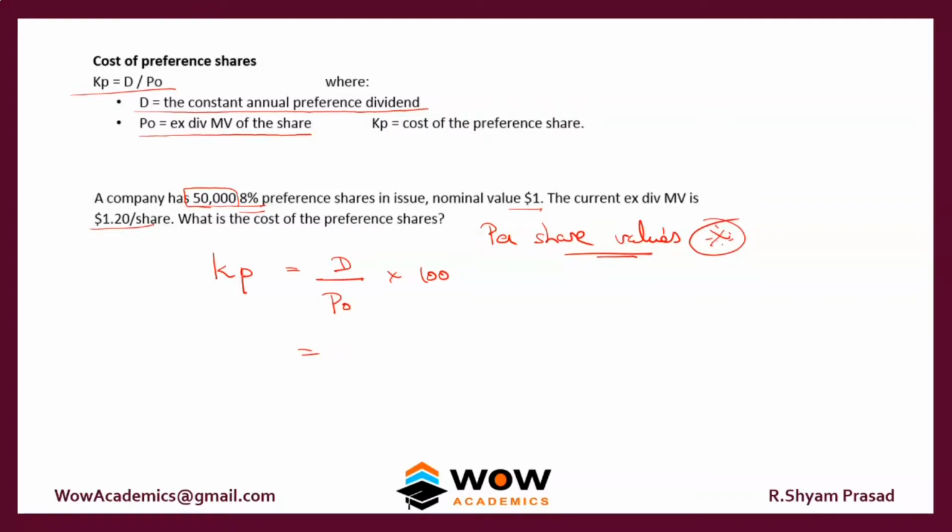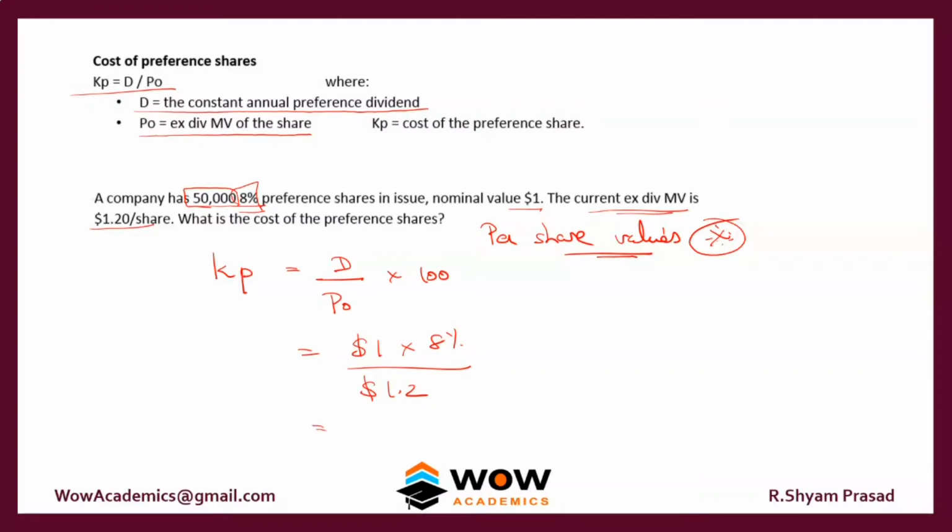For example, what is the dividend per preference share? See, dividends are declared at the face value or nominal value. So 1 is the nominal value into the percentage of preference dividend given, which is 8% of the nominal value. So it's 8% divided by the current ex-dividend market value of the preference share, that is 1.2. So we can quickly solve it.